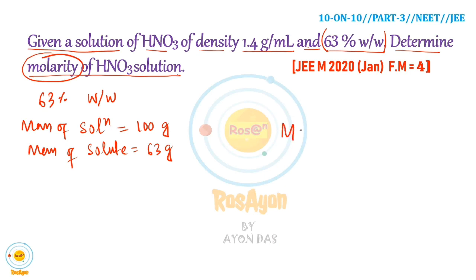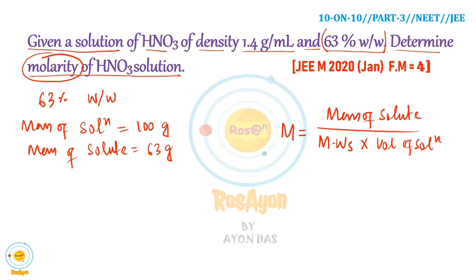Now the molarity M is equal to mass of solute divided by molecular weight of solute into the volume of solution in liter. You have to remember this formula.